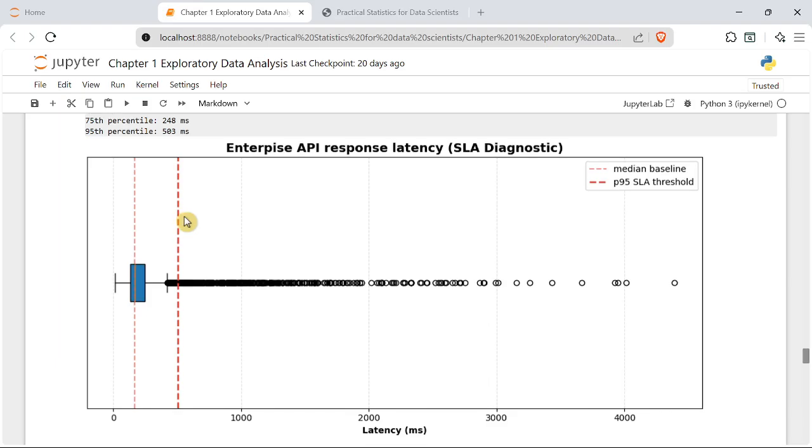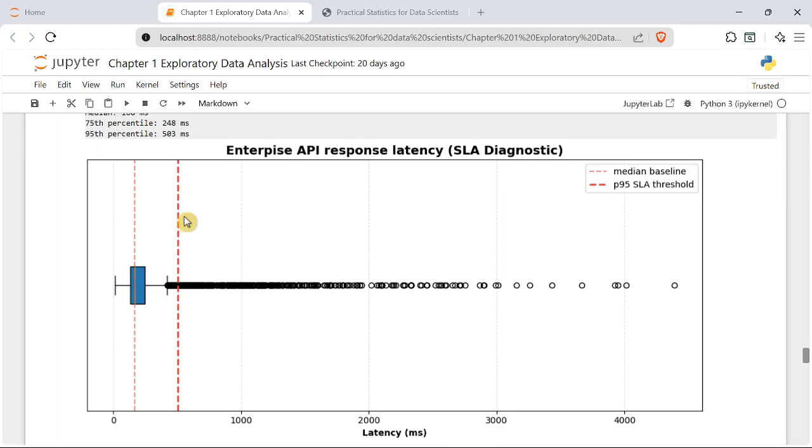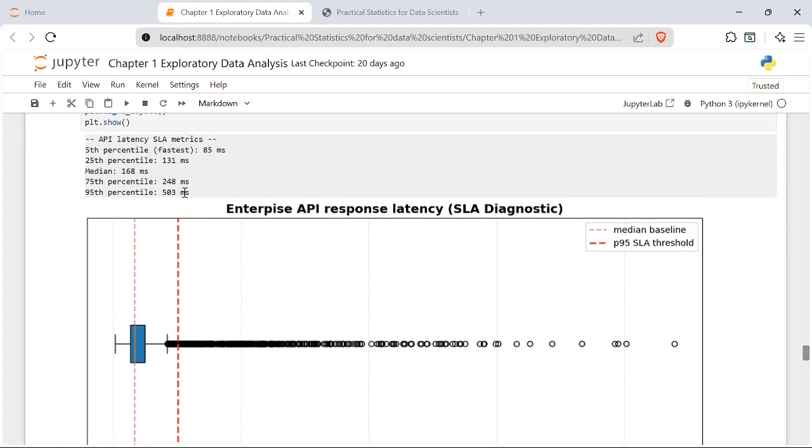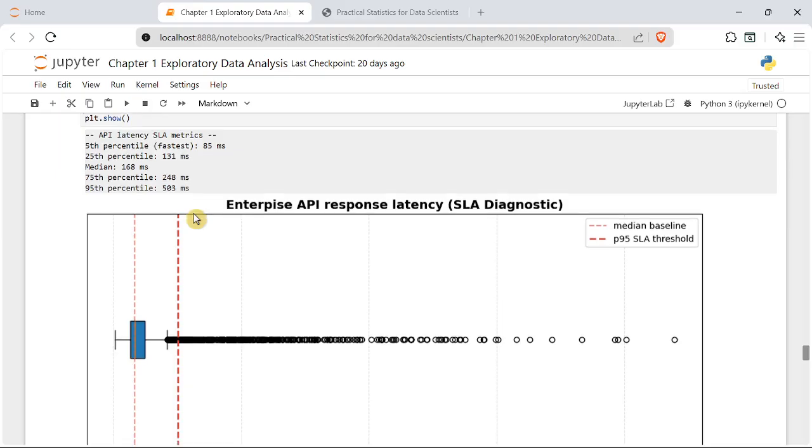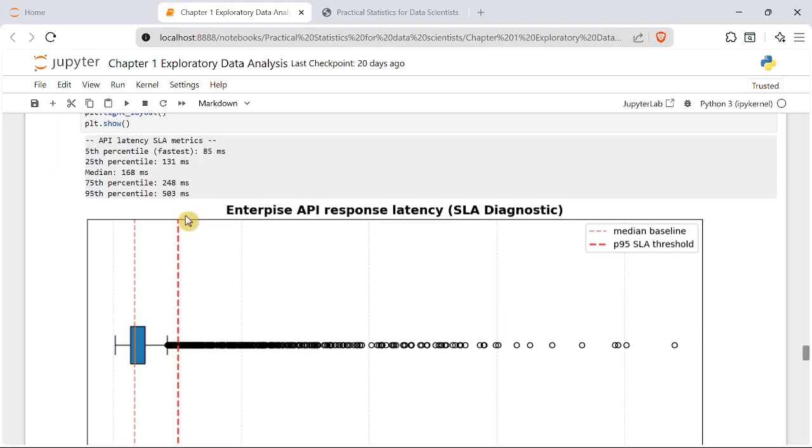When we evaluate our infrastructure health by looking at the percentiles, the median latency sits at a healthy 168 milliseconds. However, the variability across the platform is massive. The fastest 5% of requests clear our servers in just 85 milliseconds. But the 95th percentile hits roughly 503 milliseconds.